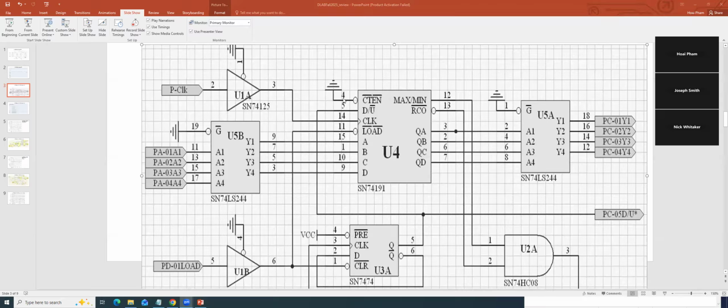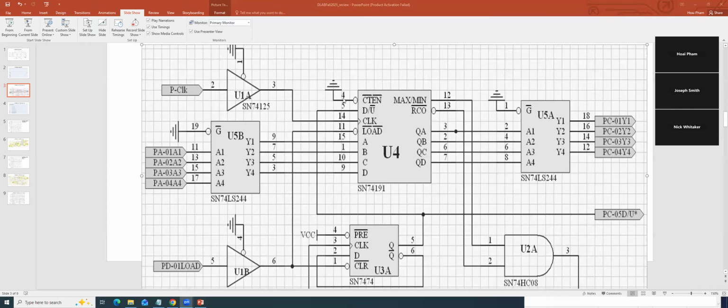The only thing I can remember you saying is that the data that goes in 12 and 13 goes to U2A, and that has to do with when you finish counting. I'm just talking about pin 12 first. Is that input or output? Output. So RCO is output then.